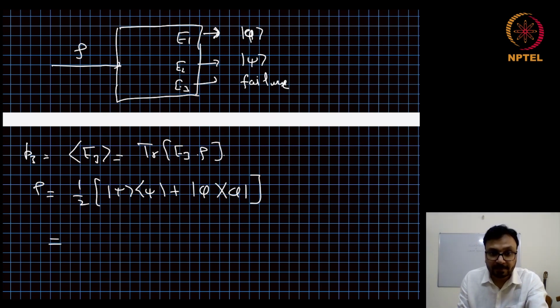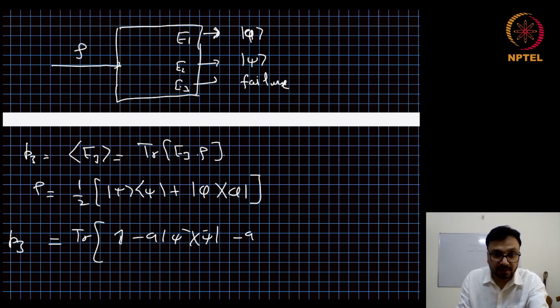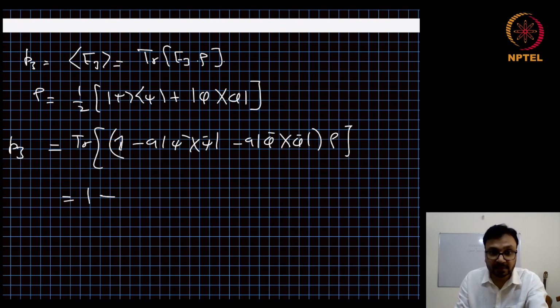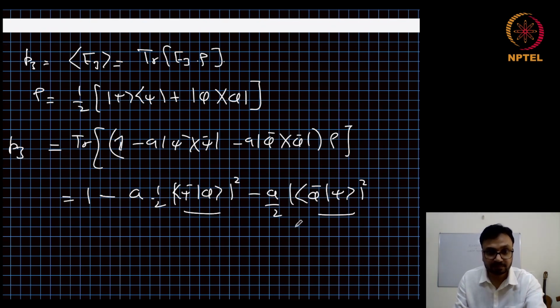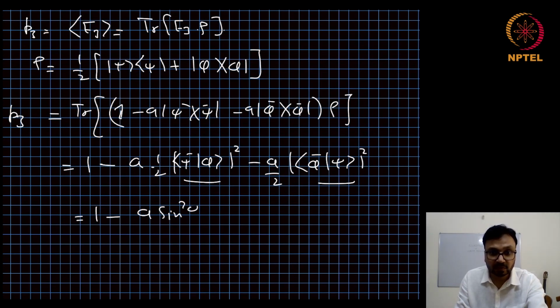So P3 will be trace of identity minus A psi orthogonal minus A phi orthogonal times rho, which gives 1 minus A times half times mod square of psi orthogonal phi, minus A times half times mod square of phi bar psi, and these two numbers are the same, and they are sine square theta over 2. So the total is 1 minus A sine square theta over 2.